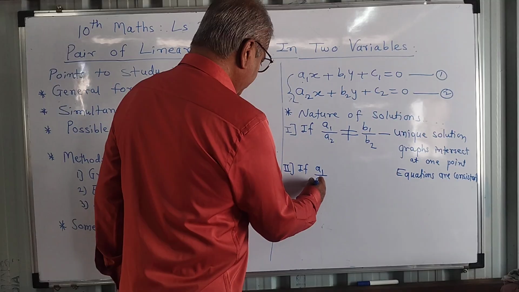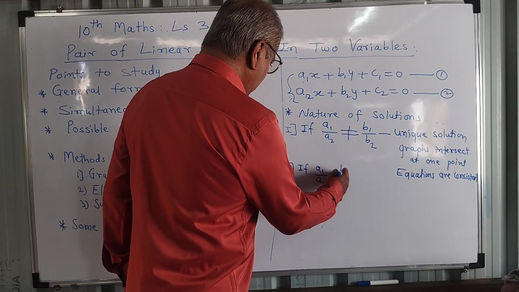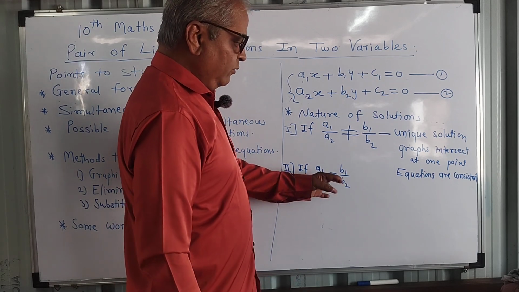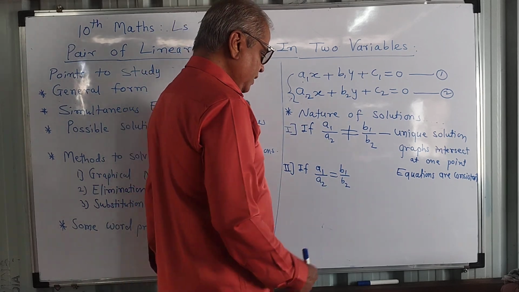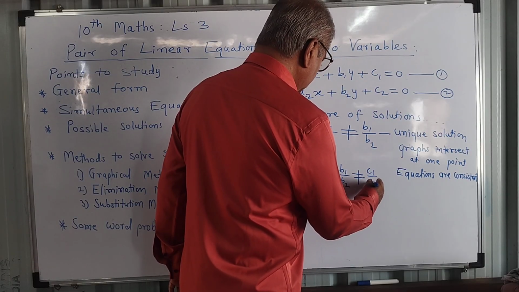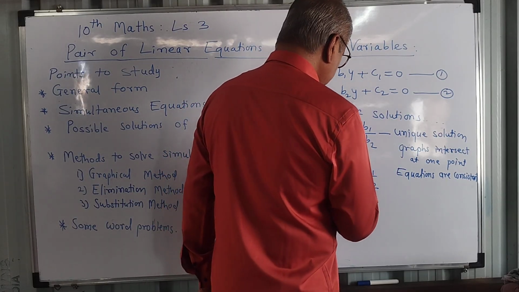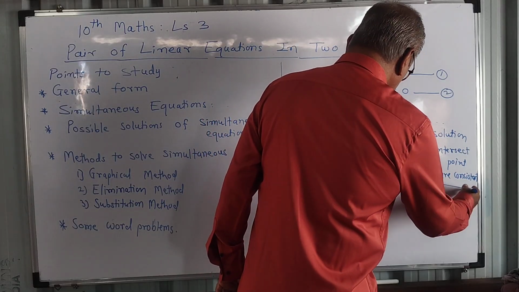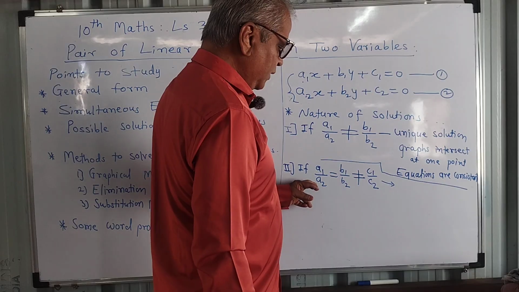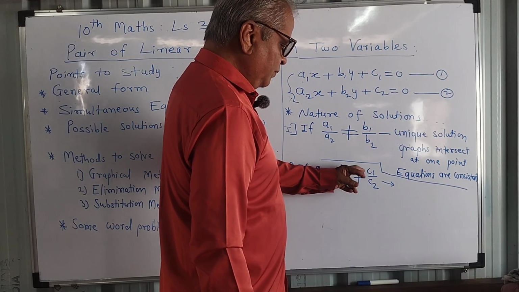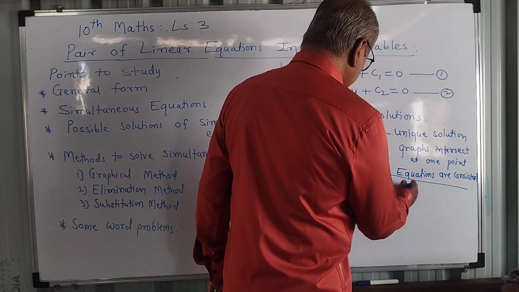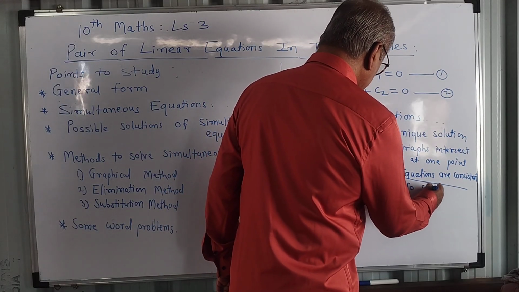Second condition, if a1 upon a2 is equals to b1 upon b2. If first two ratios are equal, then we must consider c1 upon c2, and if it is not equals to c1 upon c2, then see second condition, a1 upon a2 is equals to b1 upon b2, but it is not equals to c1 upon c2, then these equations have no solutions.